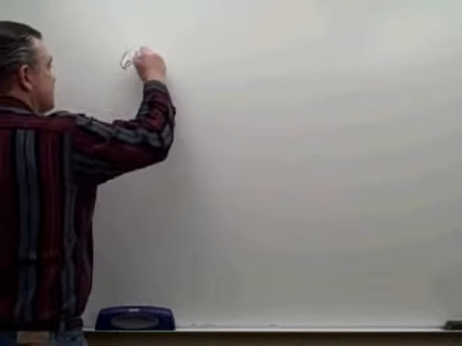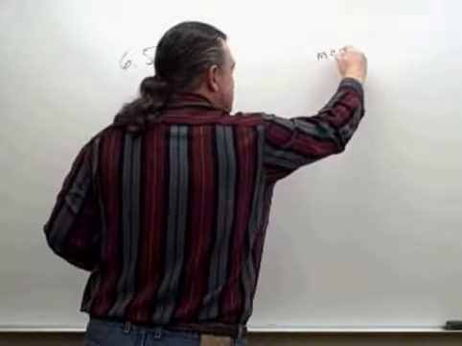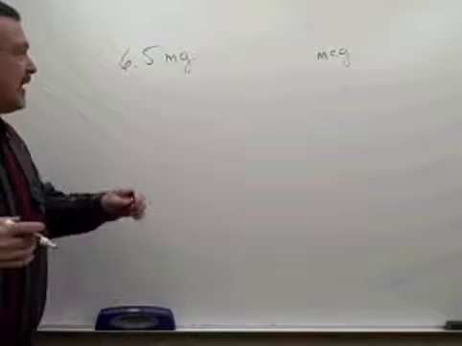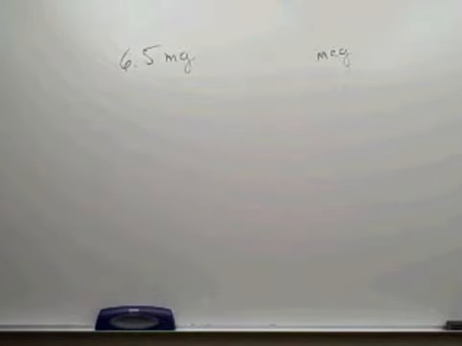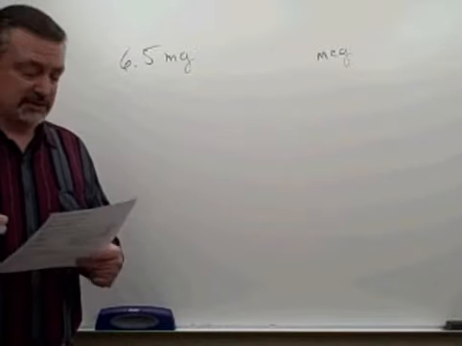So we're supposed to convert 6.5 milligrams to its equivalent weight measured with micrograms. Now, milligrams, micrograms, hopefully as you work with these problems, you'll begin to recognize those are units of measure in the metric system.